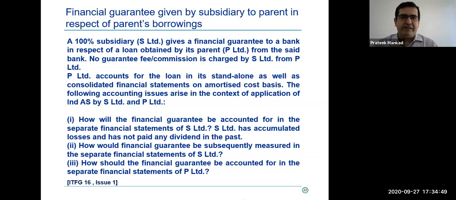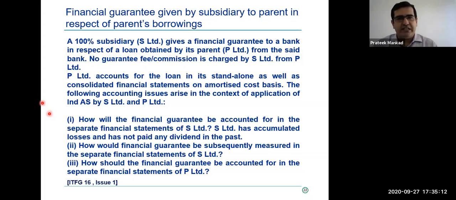Okay, what the ITFG concluded and the assessment was that in the current fact pattern, there is specific accounting guidance that is applicable to the giver of the guarantee. So the subsidiary has to recognize this financial guarantee in the books.